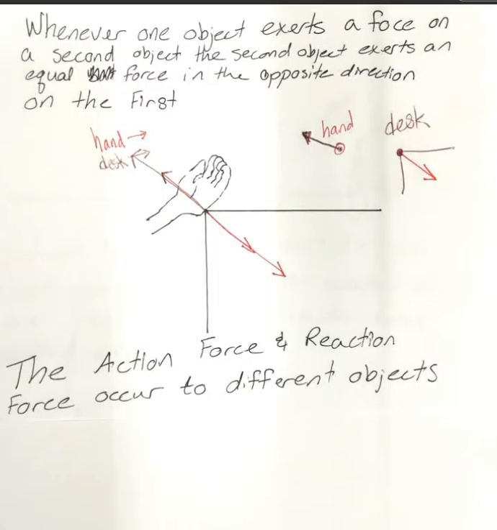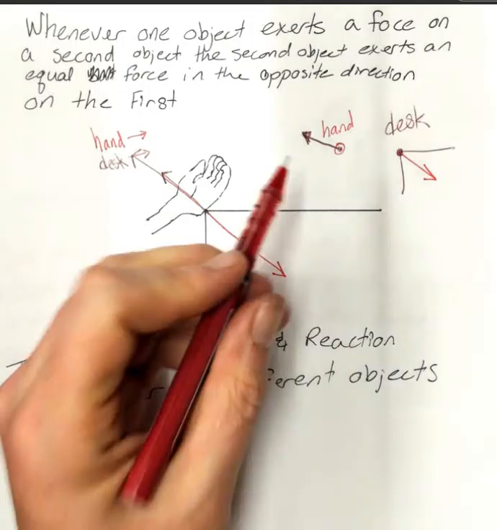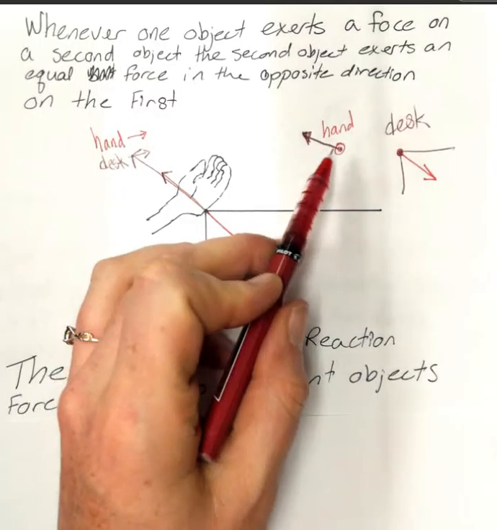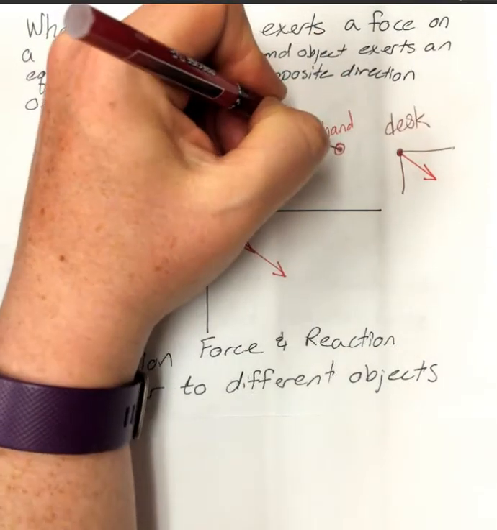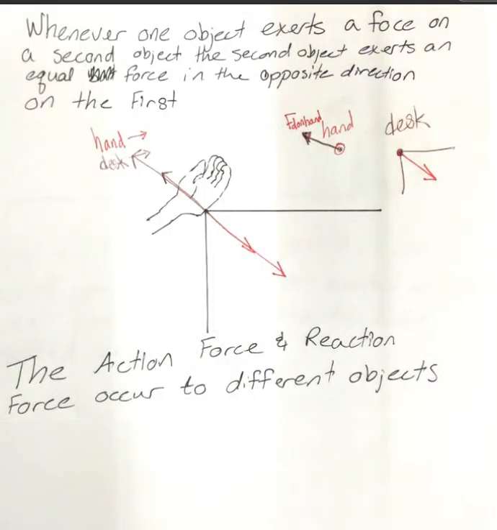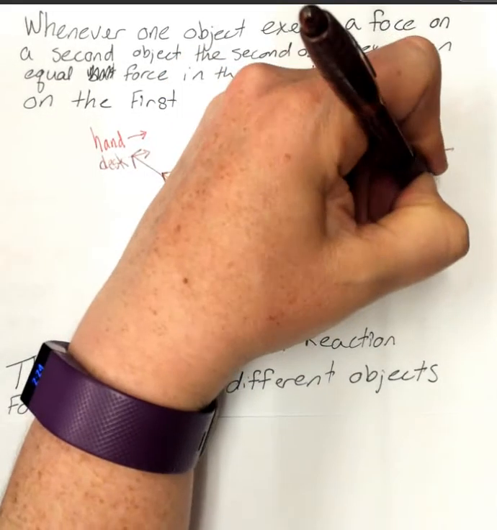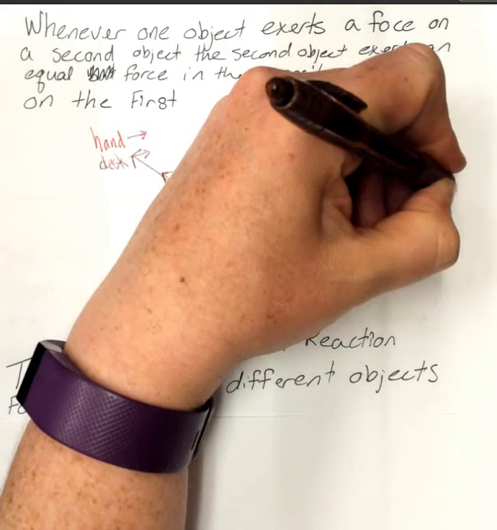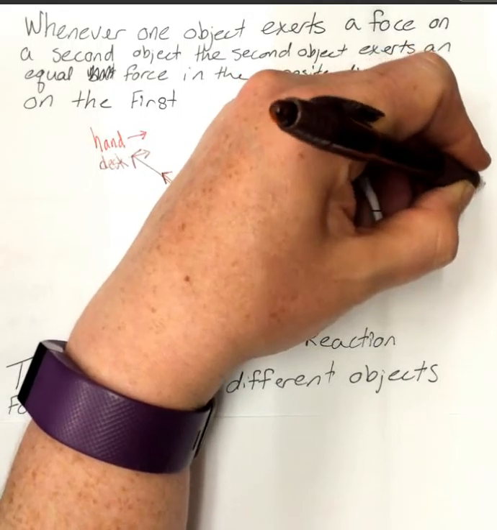Remember, we said it takes a force exerted by another object. The other object for the hand is the desk. Right here, this is the force of the desk on the hand. And here, this is the force of the hand on the desk.